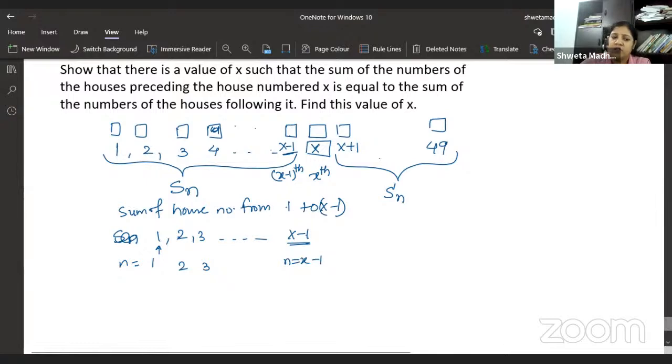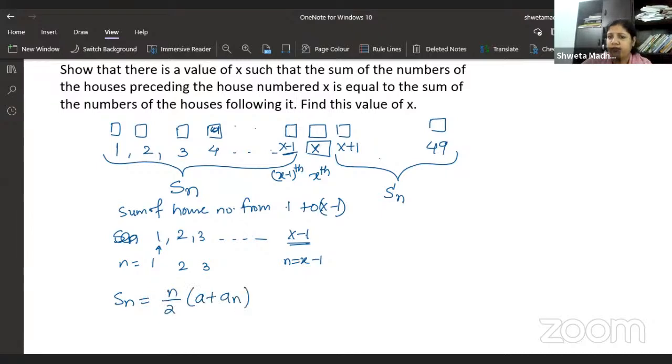So Sn, the sum of all the house numbers towards the left hand side of x, will be equal to n by 2 into a plus the nth term. n is x minus 1, so x minus 1 by 2 into a, which is 1, plus the nth term, x minus 1.